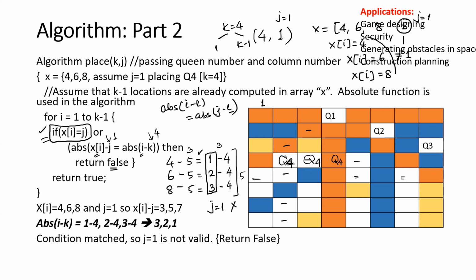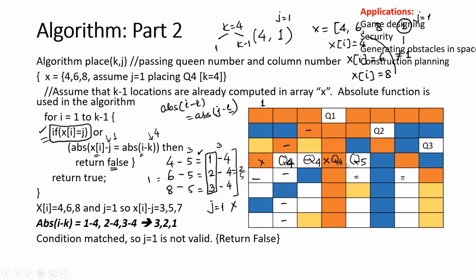So 6 minus 5 is 1, and this is 2. So still the condition is not satisfied. So maybe this is not allowed, this is not allowed, maybe this is allowed, Q4, sorry.